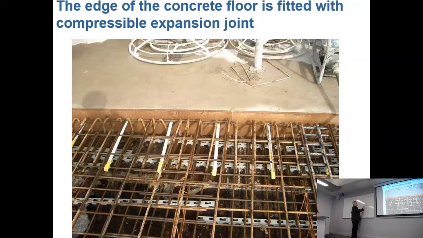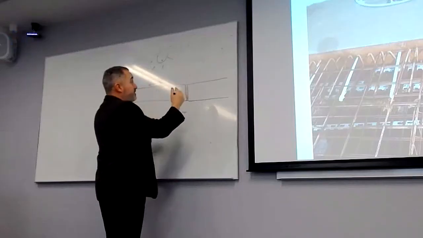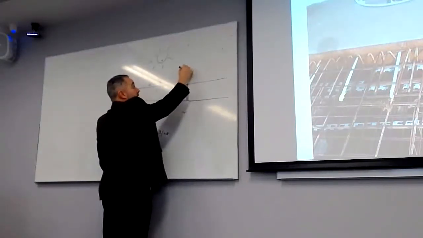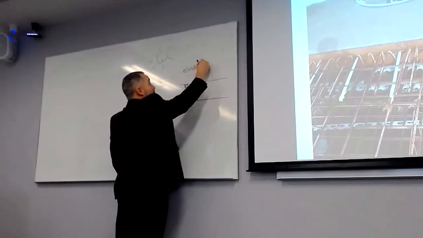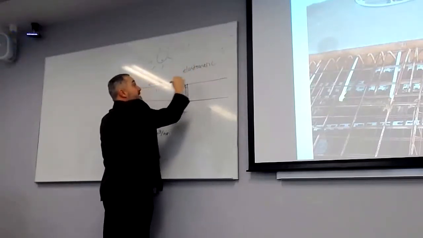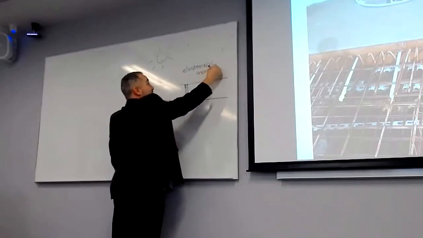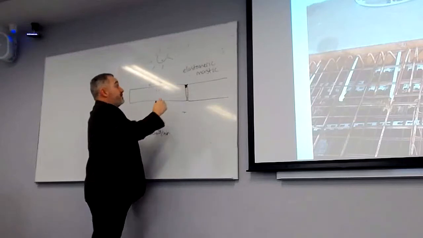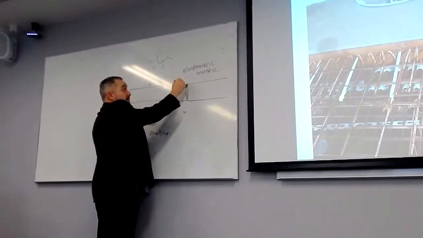Now we usually make these gaps either using a weak timber, or you've got this polystyrene that you can put in that allows the concrete to contract and expand into. And at the top you tend to put in a mastic in there, which is just a sealant to stop the water from going in.